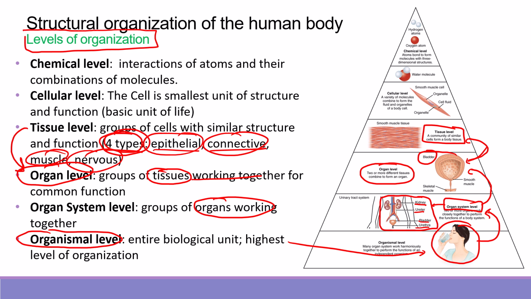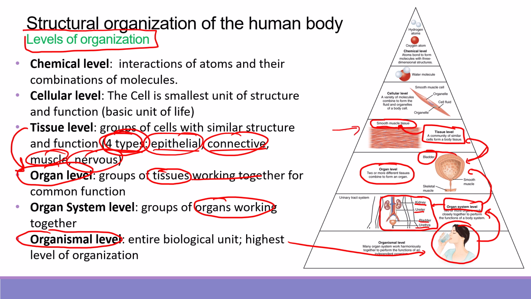So, as an example, the urinary bladder contains a special type of muscle called smooth muscle. But also in the bladder you have epithelial tissue, nervous tissue, and connective tissue. So here I'm showing you the smooth muscle.